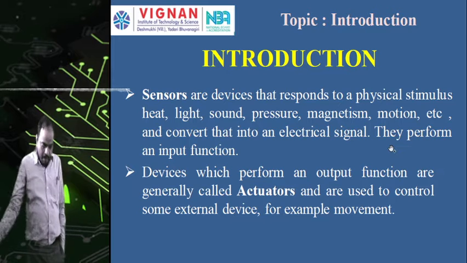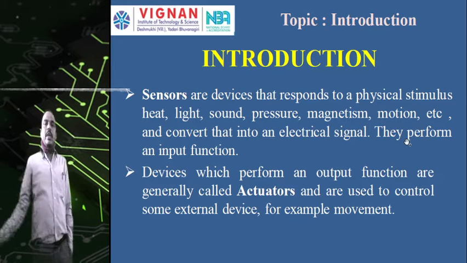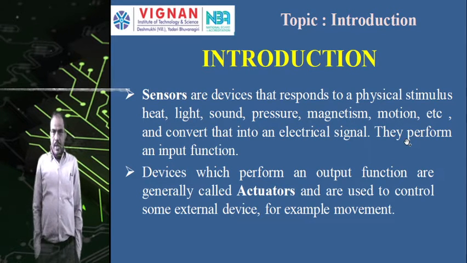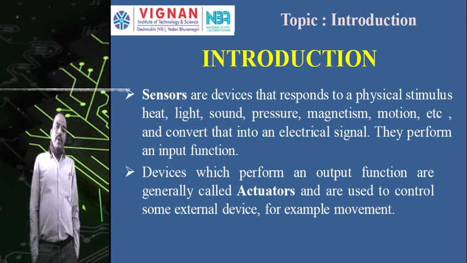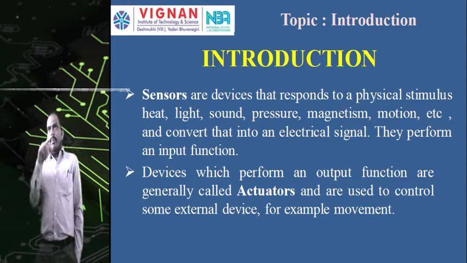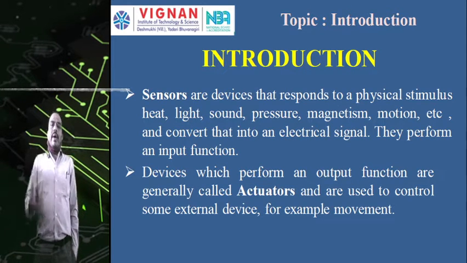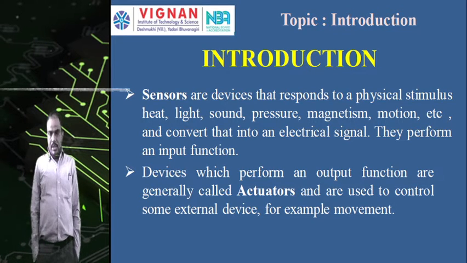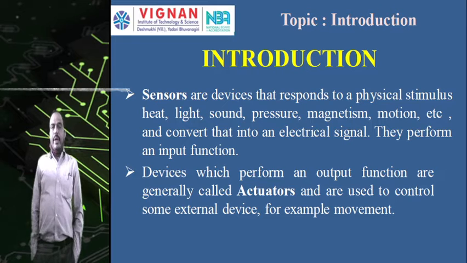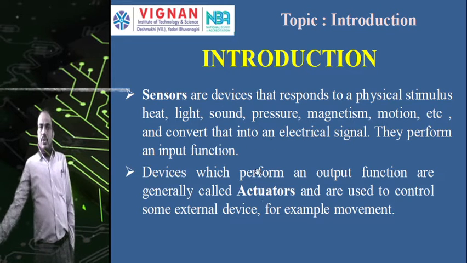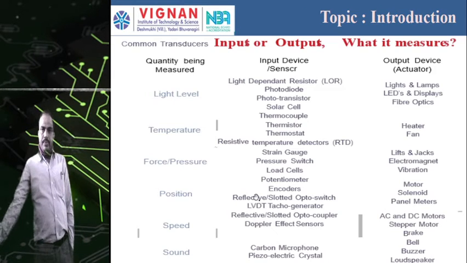They perform the input function in a measurement system. Apart from this, in a measurement system or process control system, we have actuators, which are used to control external devices, for example movement.